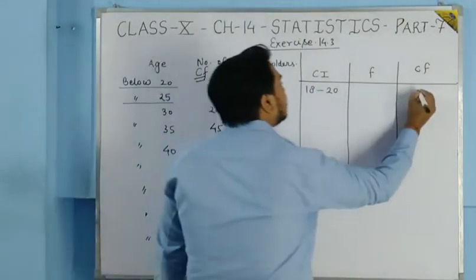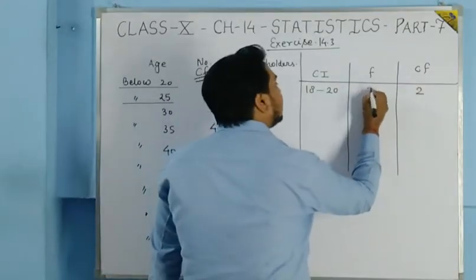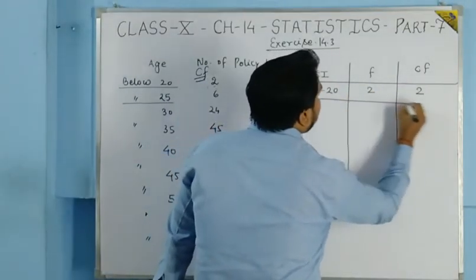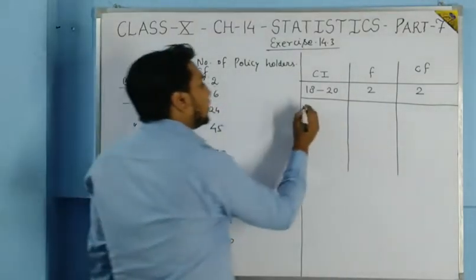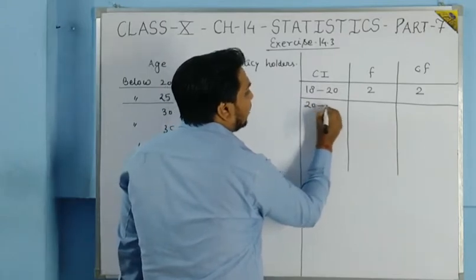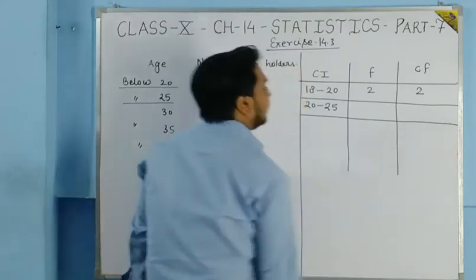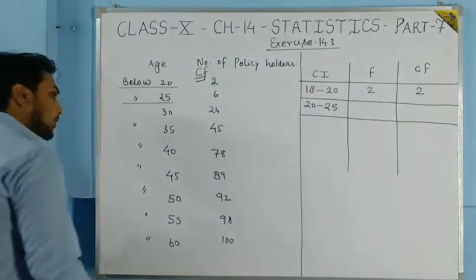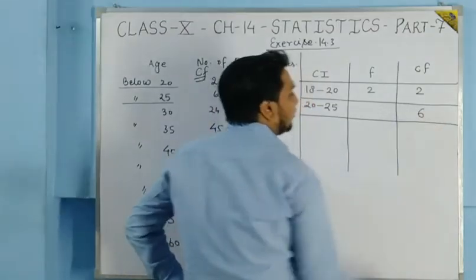Cumulative frequency is 2, and we know that in the first row cumulative frequency and frequency will be the same. The next is below 25. So now, students, the next data will start from 20 to 25. Cumulative frequency is given 6.